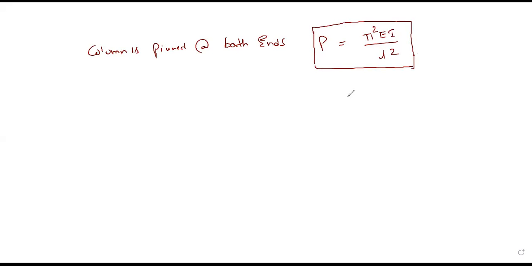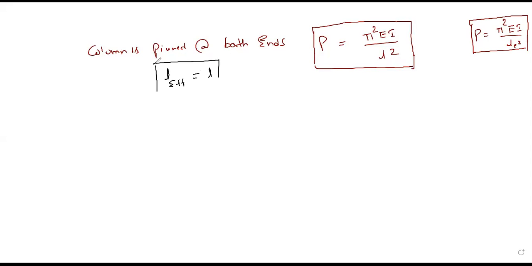Now tell me, what is our Euler's formula? We have to write it with respect to effective length. When both ends are pinned, what is the end condition? L effective is equal to L, sir. This is the end condition. So how can I write this formula? P is equal to pi square EI by L effective square.